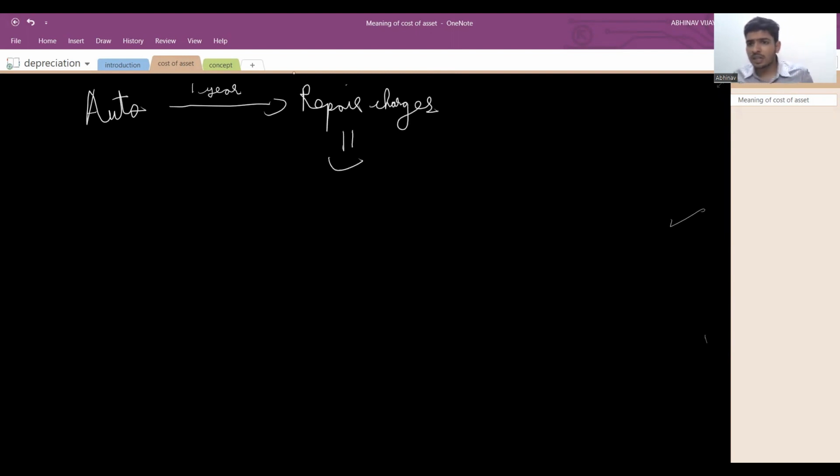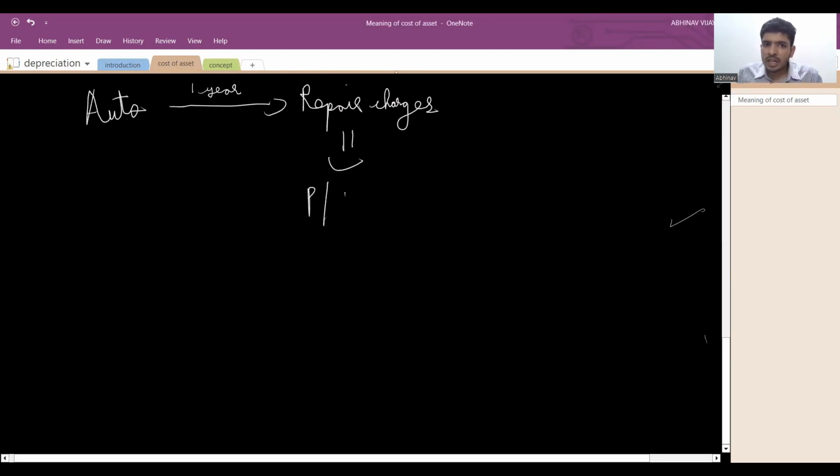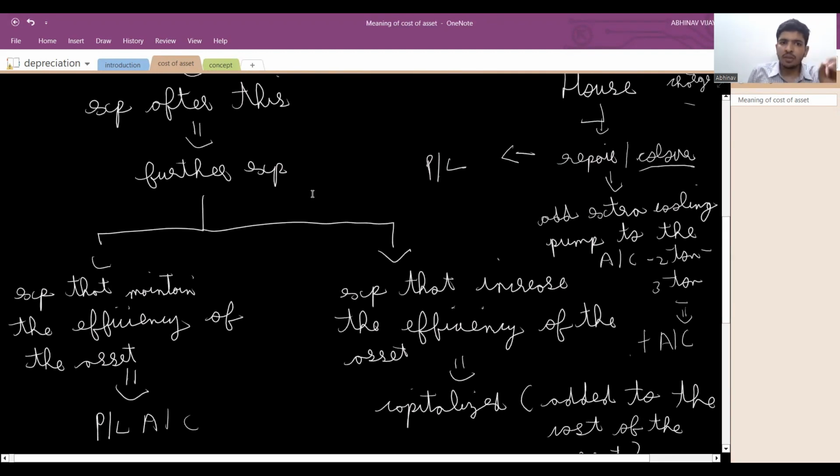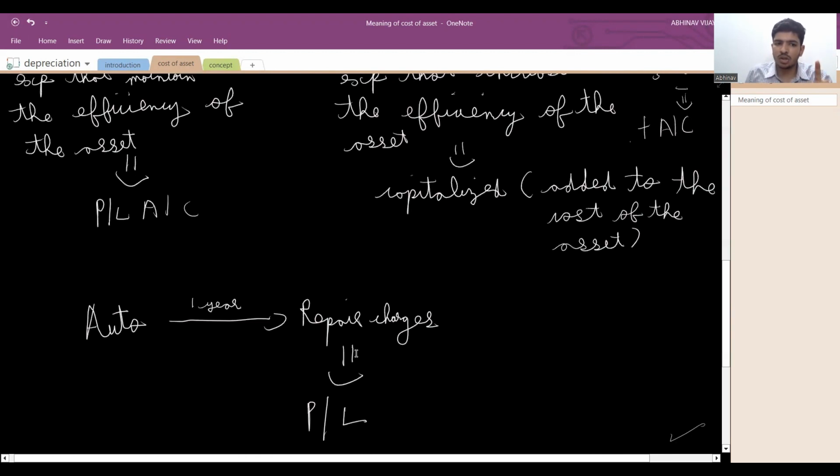So, when you're paying repair charges, you're trying to maintain the efficiency of the auto. You cannot increase the efficiency of the auto by repairing it to more than how you purchased it. This will be transferred to the profit and loss account as given above. Any further expenses after bringing to the place of use, if you spend on maintaining the efficiency, it will always be transferred to the P&L account.